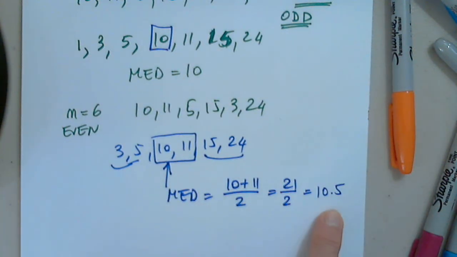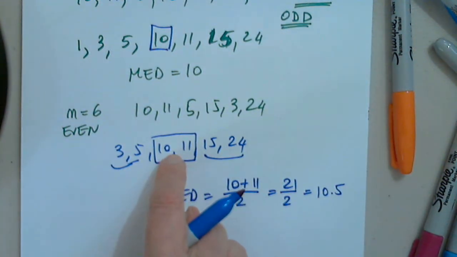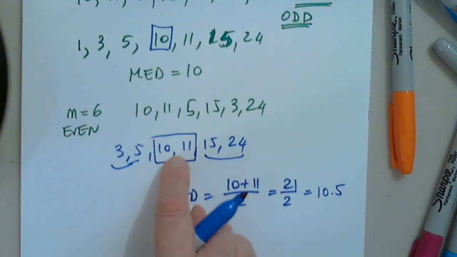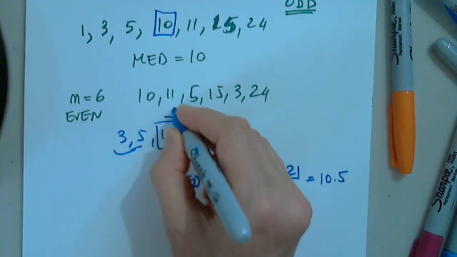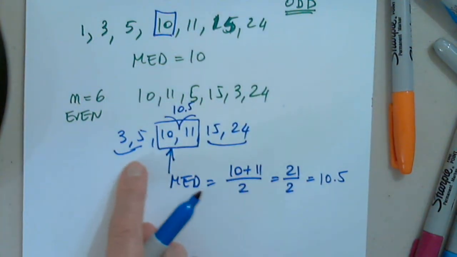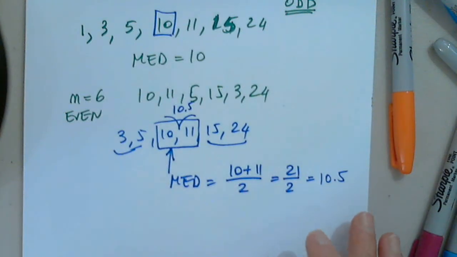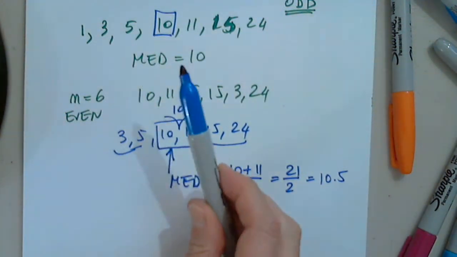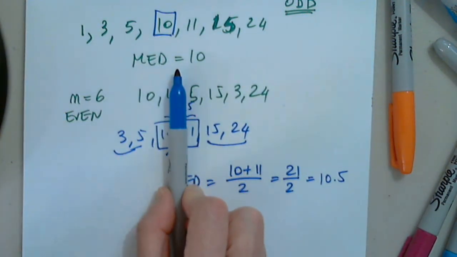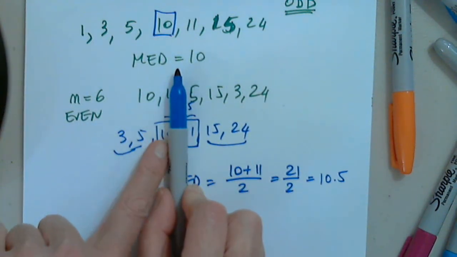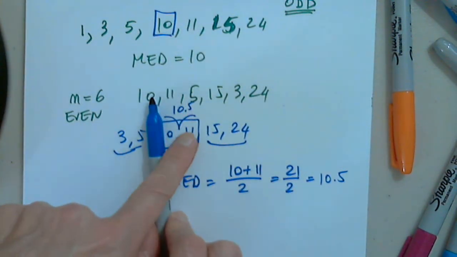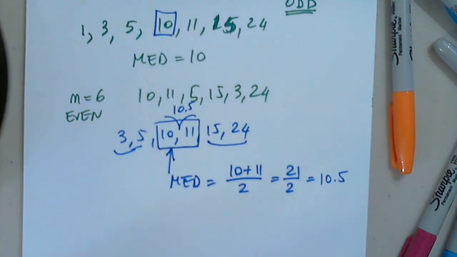As you notice, 10.5 is not an element in the data set. It still has the same representation. I cannot put it as an entry, but 10.5 is the point that divides the sample into 2 parts: lower 50%, upper 50%.